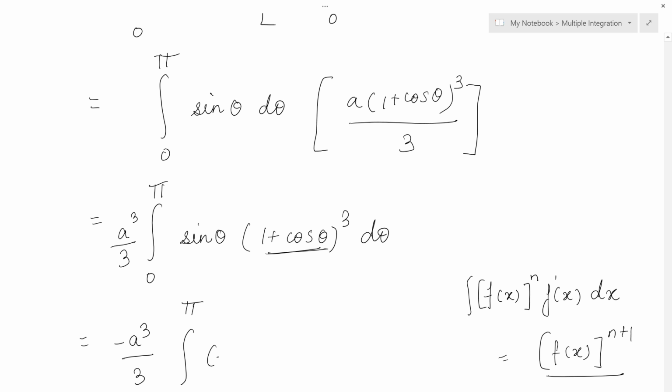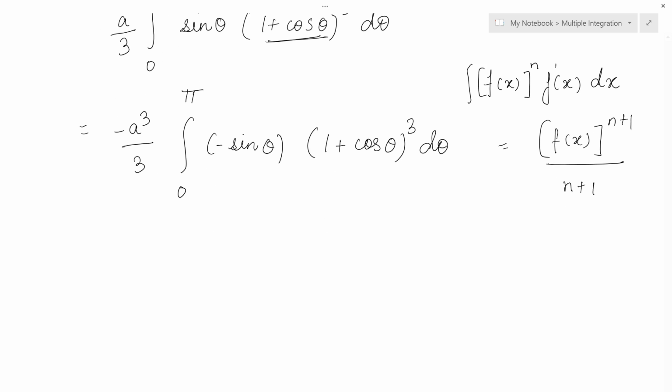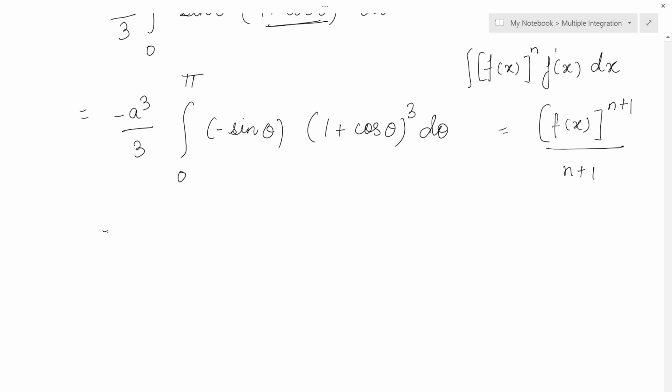So this will be minus sin theta. I'll do the small adjustment so I can directly integrate this. No need to open the brackets, because if I open the brackets, the sum will become a bit lengthier. So minus a cube by 3. The integration will be 1 plus cos theta raised to 4 upon 4.